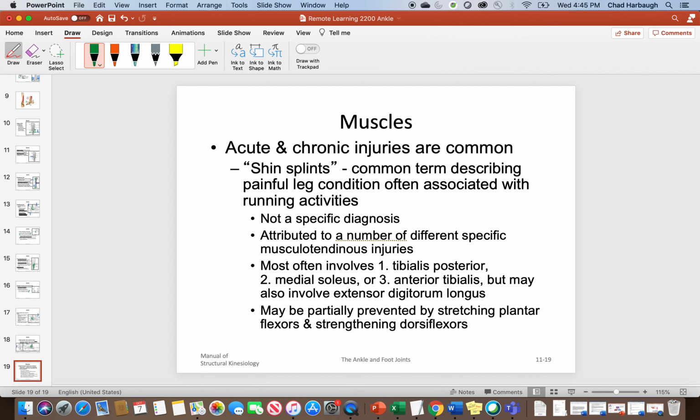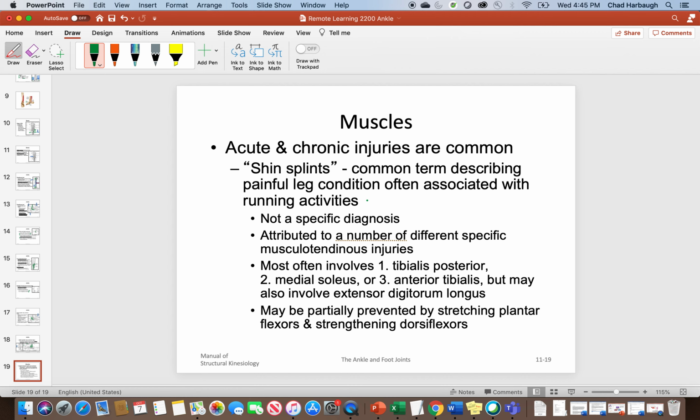And finally, acute shin splints are a very painful leg condition, usually associated with running activities. It can be associated with doing exercise with improper or worn out footwear or shoes.